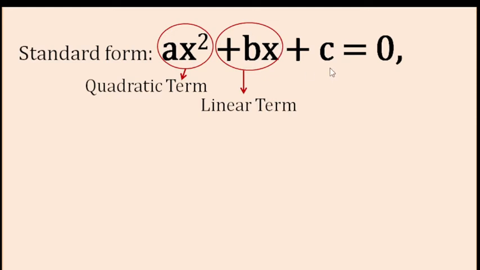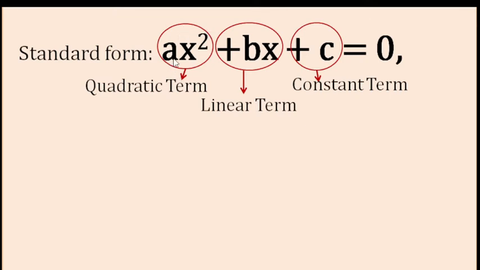And the third term, plus c, is what we call the constant term. Even if we do not have the linear term or the constant term, or both, our equation is still a quadratic equation if we have the quadratic term.